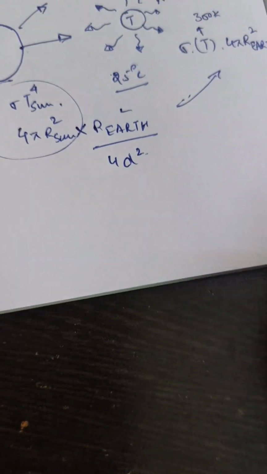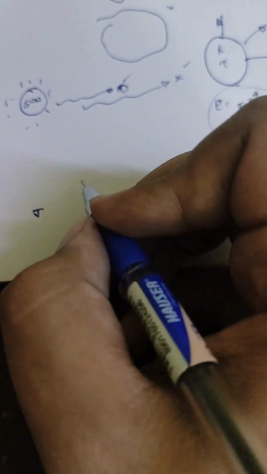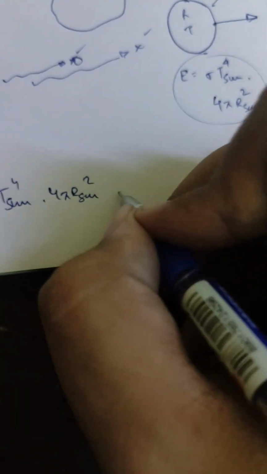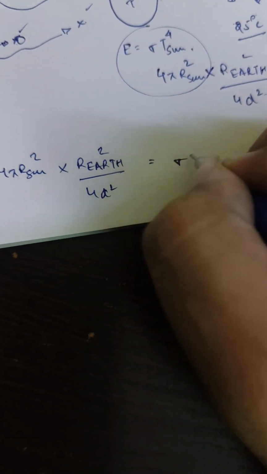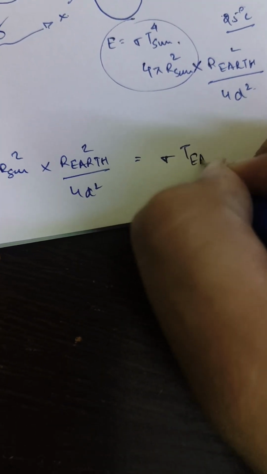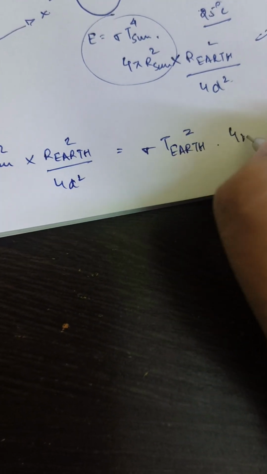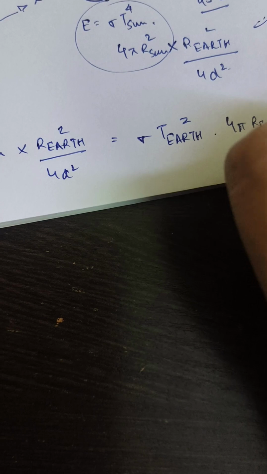So if we equate both of them, we have sigma times T sun to the power 4 times pi r sun squared times r Earth squared divided by 4 d squared equals sigma times T Earth to the power 4, which we are taking as 300 Kelvin, times 4 pi r Earth squared.